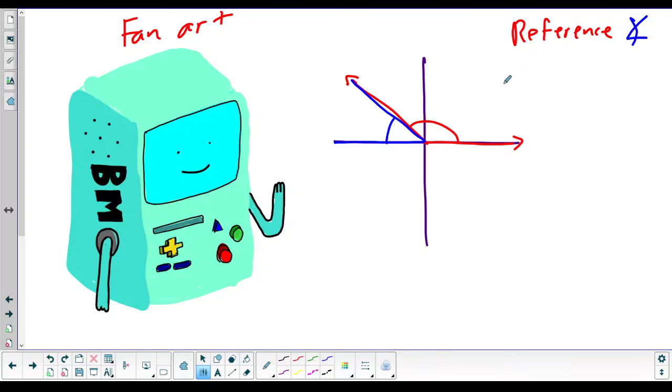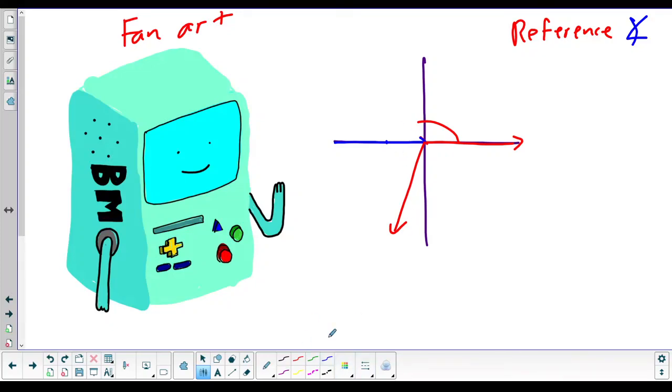That's a reference angle. What you want to ask yourself is, how much farther do I need to go to get to the x-axis? What if our terminal side was a little bit farther down? What if it rotated past the x-axis to, let's say, maybe here?